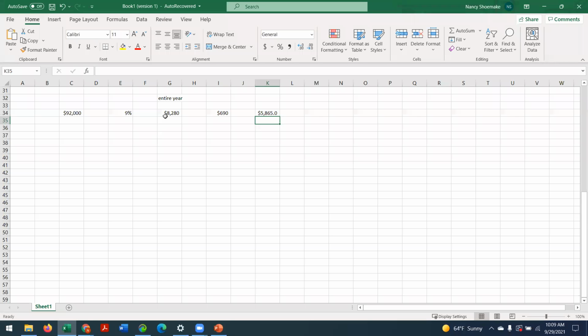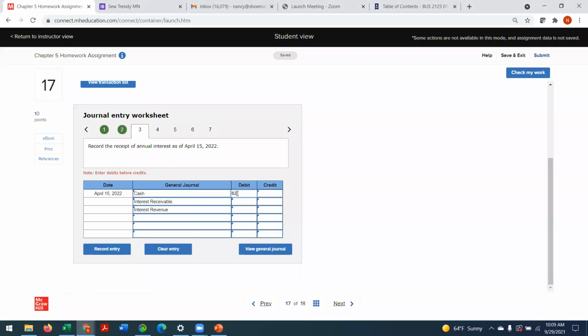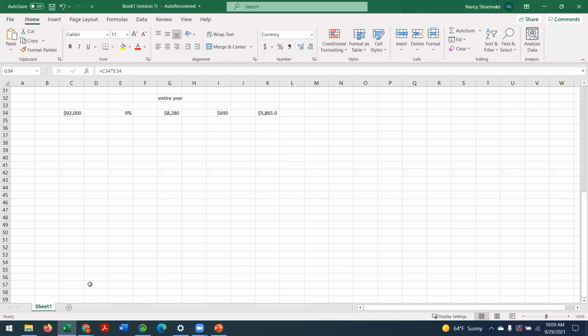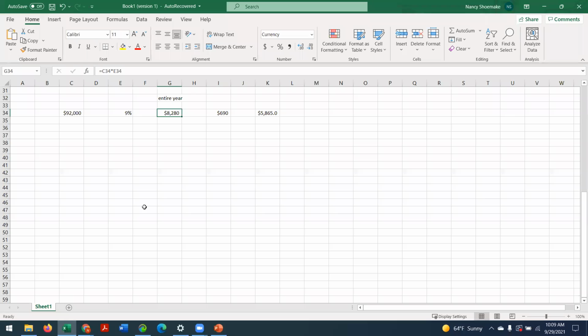So we know 8280 would be the full year. 8280 is the full year. And the amount that we accrued, 58.65, was the interest receivable. And the difference, or I should say, the 690 times 3.5 months should be 2415.